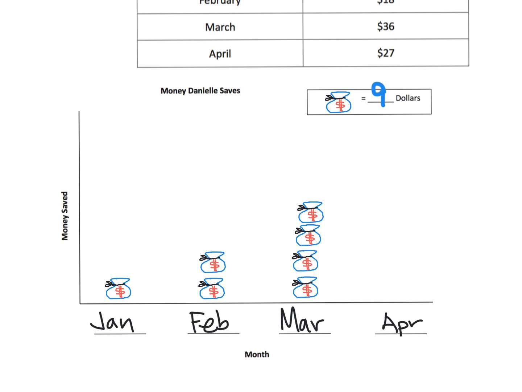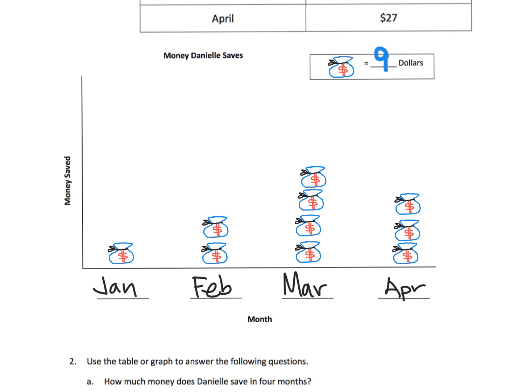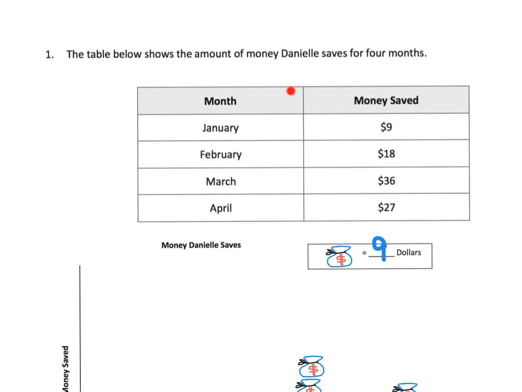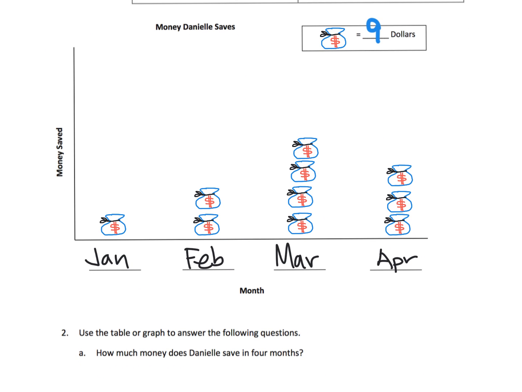So that means we need 3 bags for April. Boom, boom, boom. All right, now, do your pictures have to be as amazingly awesome as mine? No way. You could have done a heart, you could have done a star, you could have done anything, and that's perfectly fine.